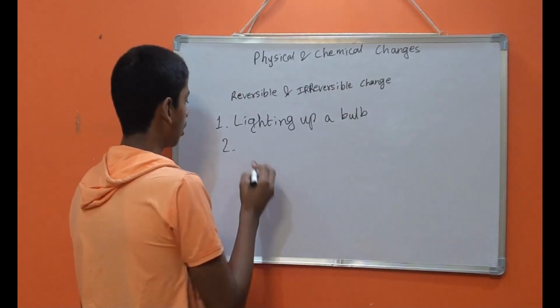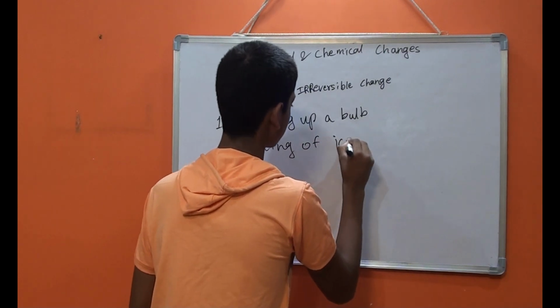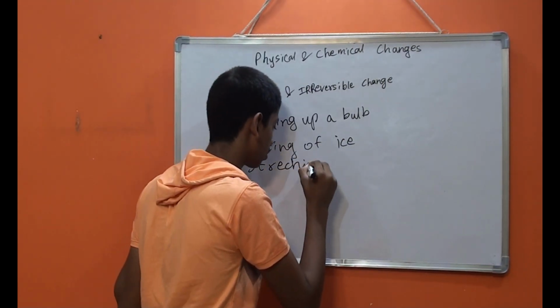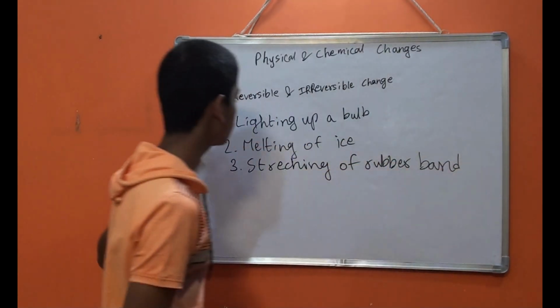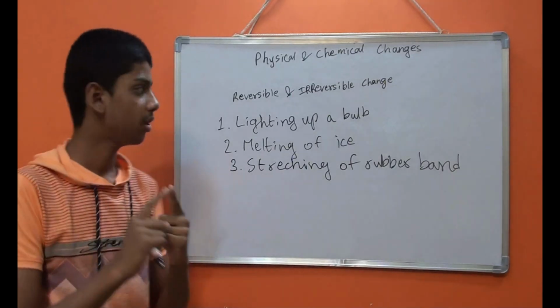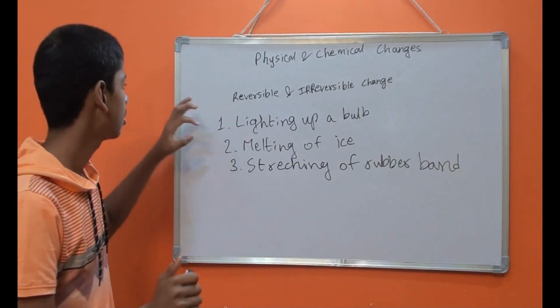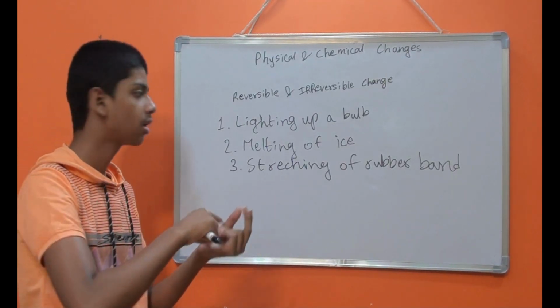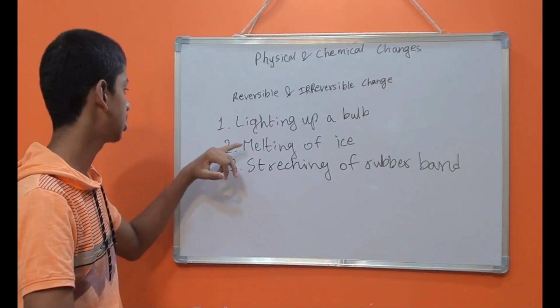Similarly, melting of ice, we also have stretching of a rubber band. All of these are reversible changes, because once the light bulb is off, it becomes on, it's a change. It turns from off to on, it's a change.